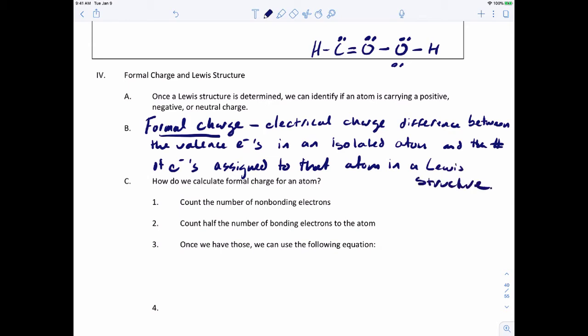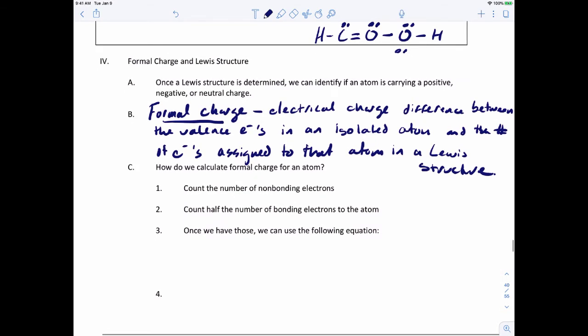So how this works, we count up the number of non-bonding electrons. In other words, these are lone pair electrons. We count half of the number of bonding electrons to that atom.